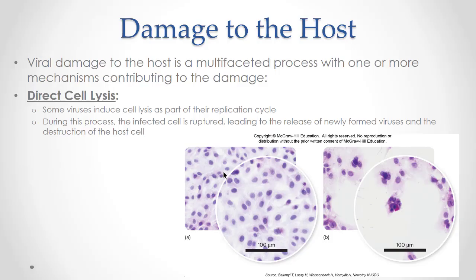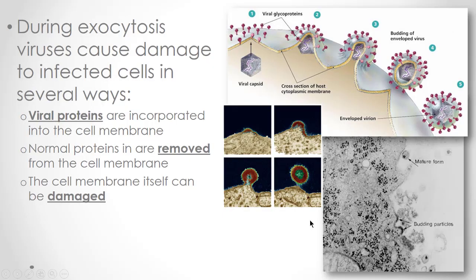If the virus is restricted to only certain kinds of cells, kind of like the hepatitis virus is restricted to your liver, then that damage is going to be restricted to the liver. If the virus can spread and move all throughout the body, then that could be relegated to different areas of the body. But you can see here under this illustration, normal healthy tissue here, and then virally infected tissue over here, just a large clearing where those cells used to be. So when it comes to lysis, I feel like the damage is relatively straightforward. You're rupturing the cell, causing damage to any cell involved.